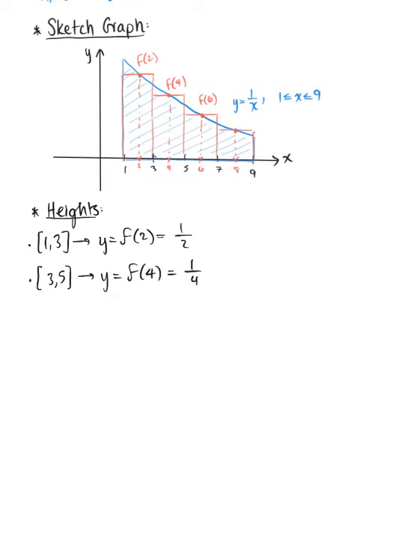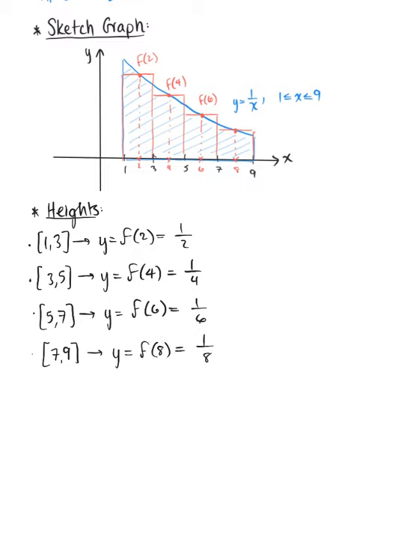So we have 1/4. Our third subinterval, 5 to 7, we want the height at the midpoint, f of 6. We have 1/6. And last but not least, our fourth subinterval is from 7 to 9, and we're calculating the height at the midpoint, which is x is 8. Plugging that into the reciprocal, we have 1/8.